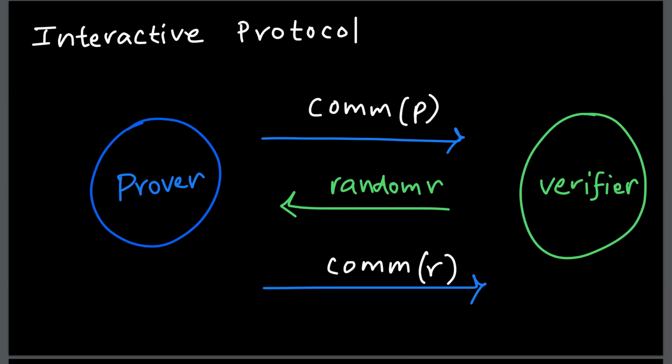In interactive protocols, there is this prover which sends a commitment to the verifier, and the verifier, to check if the commitment is right or not, sends a random R to the prover, and the prover has to evaluate the commitment at the random R and send it back to the verifier.